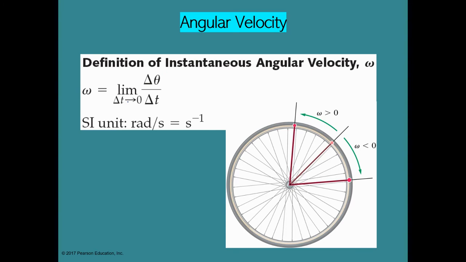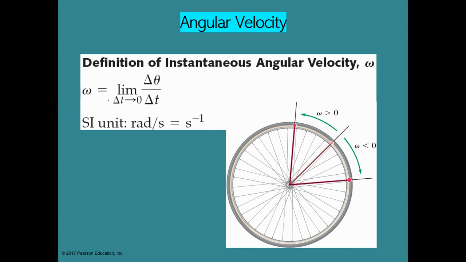We're going to do that right now. We can find the instantaneous angular velocity by looking at smaller and smaller changes in the time until, as time approaches 0, we'll be able to get a better idea of what our instantaneous angular velocity is. We're going to use the same formula, and the units are the same as well.